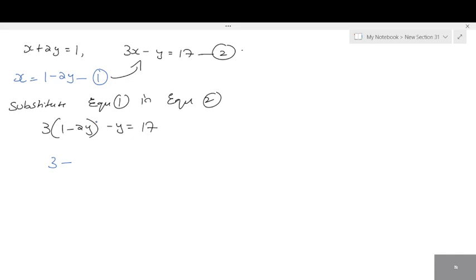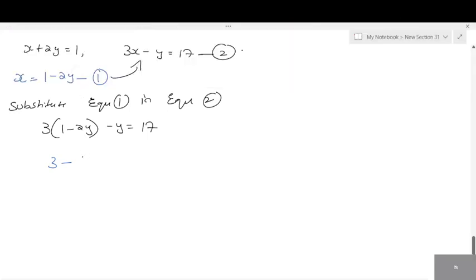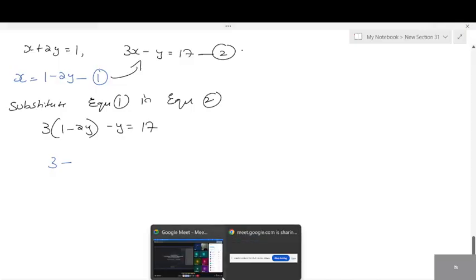Yeah, Delicia, can you explain this? Explain this and you can leave. Open the bracket, what do you get? 3 minus.